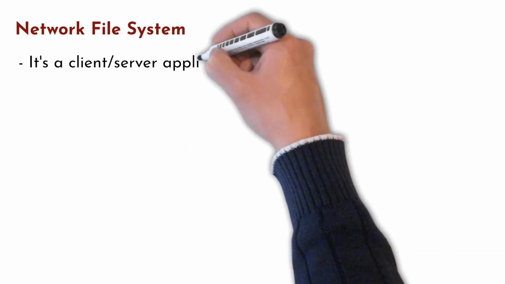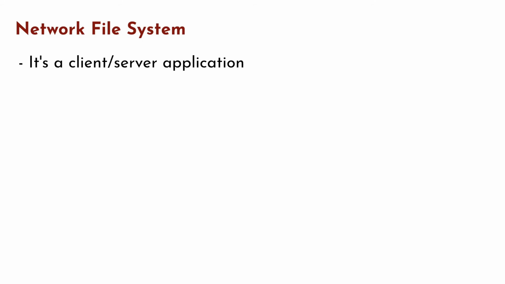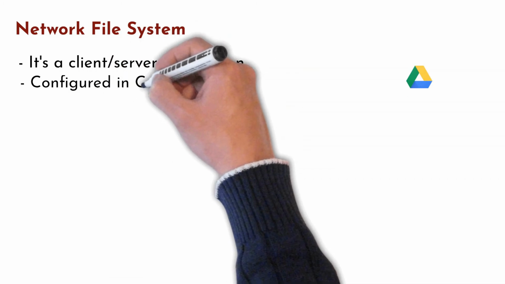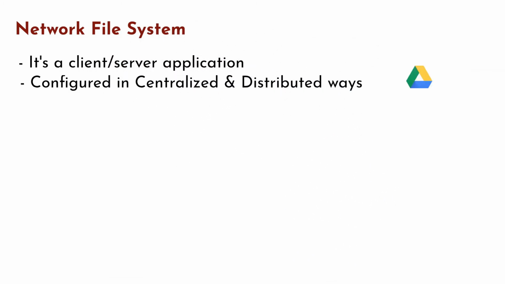A network file system is a client-server application that lets a user manage files on a remote server, just like your Google Drive client on Windows. Network file systems can be configured in two ways: centralized or distributed.